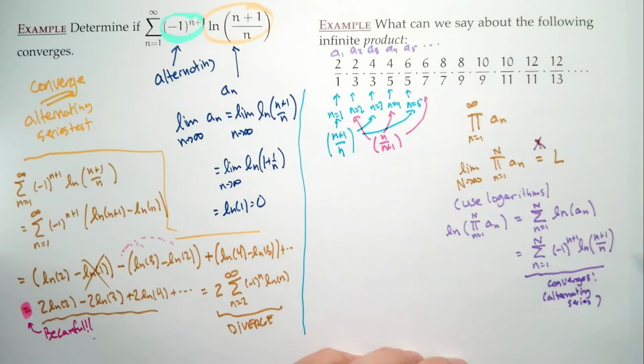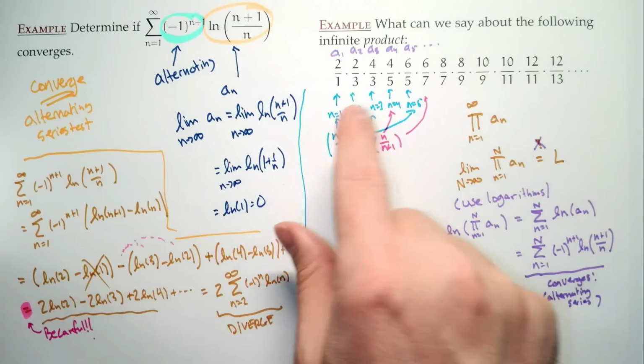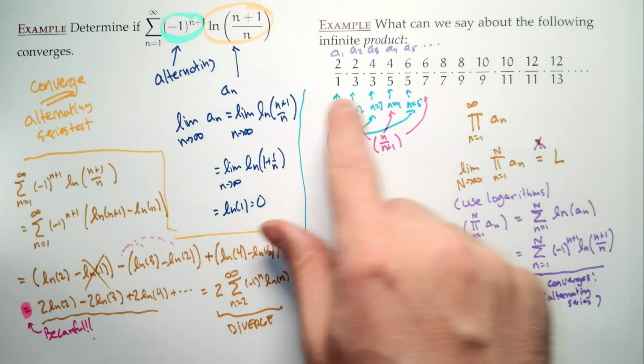The answer is yes, it converges to something because the sum converged. So this is a way that you can go through and do infinite products. Really, the way you handle infinite products is you take the log of the stuff and do what you would do for infinite sums. So you need the terms to go to 1, because of the nth term test for infinite sums, and the log of 1 is 0, and these terms go to 1.